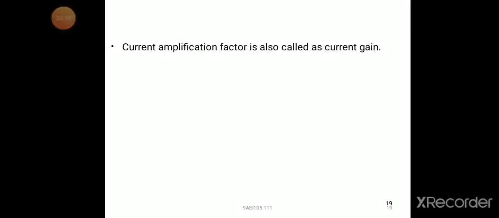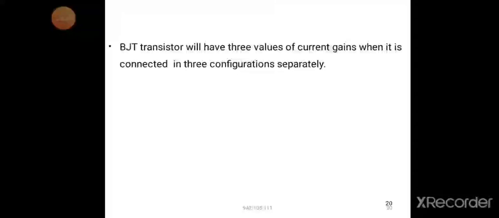The alpha current amplification factor is also called the current gain. I already said current gain is also called the current amplification factor. How much current is amplified? That is called the current amplification factor.